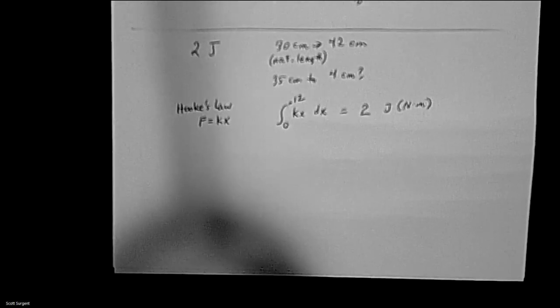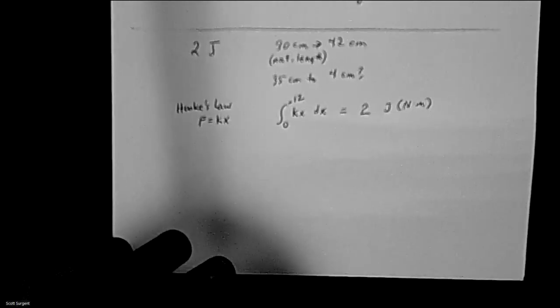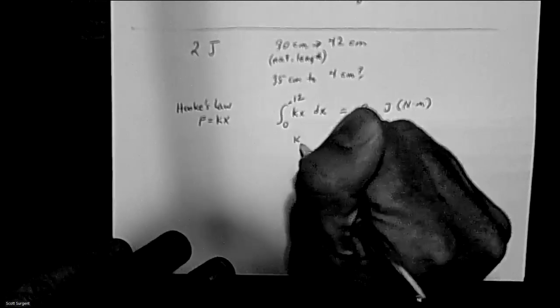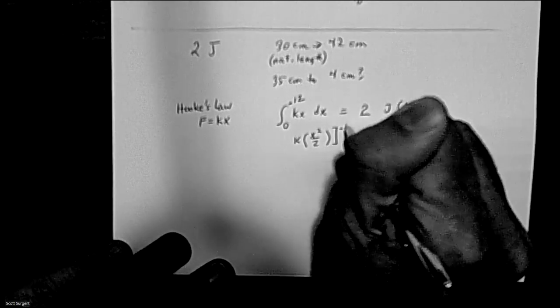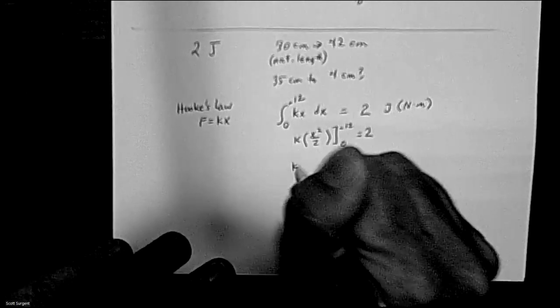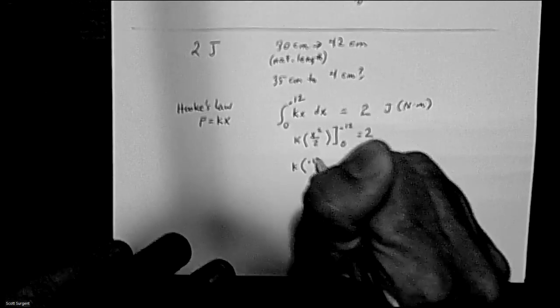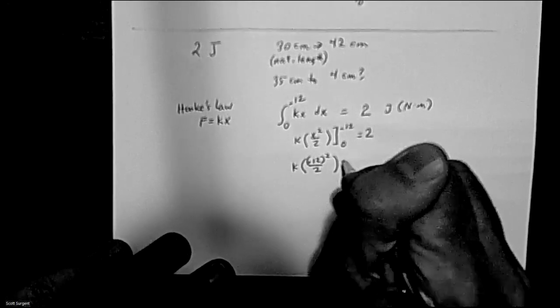What I'm doing here is figuring out what k is. I need to figure out the k constant for Hooke's law. So I just work it out. It's going to be k times x squared over 2 from 0.12 down to 0 equals 2. It's 0.12 squared over 2, and 0 just drops out.